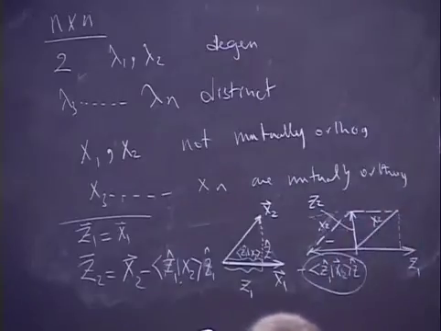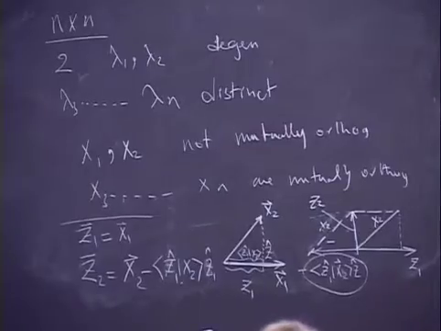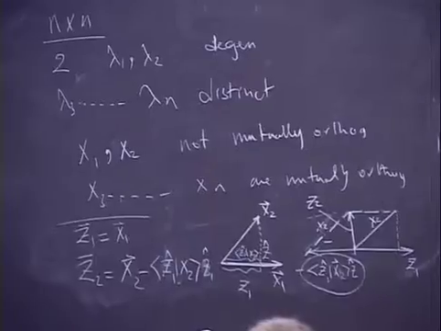So now, we talked about normal matrices, and we showed that some of those normal matrices are Hermitian, anti-Hermitian, and unitary, and then we looked at the eigenvalues for those matrices. Today we looked at the eigenvectors, and we stated that if you have distinct eigenvalues, you will have mutually orthogonal eigenvectors.